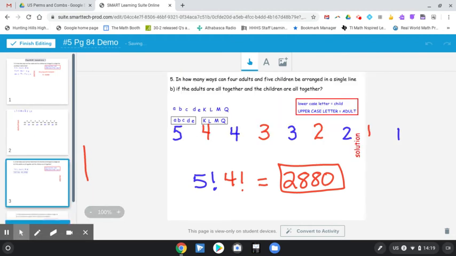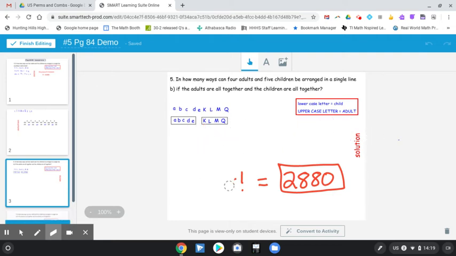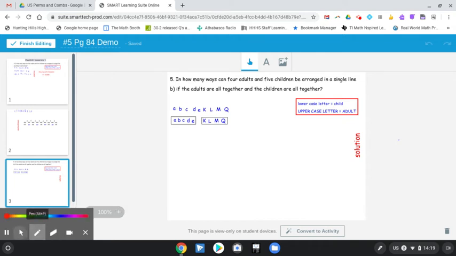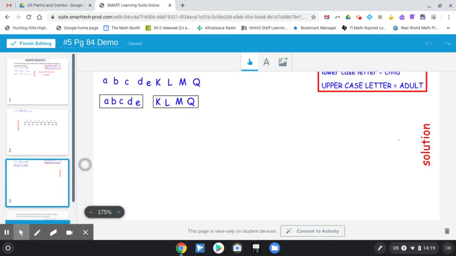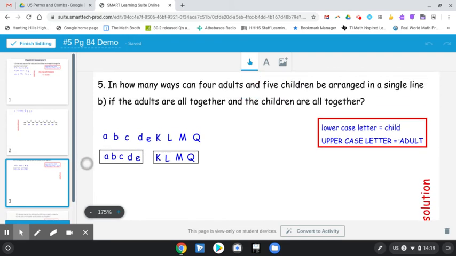Question 5. Not really sure why my ink all stayed, but we can fix it up. So question 5 is getting a little trickier again.